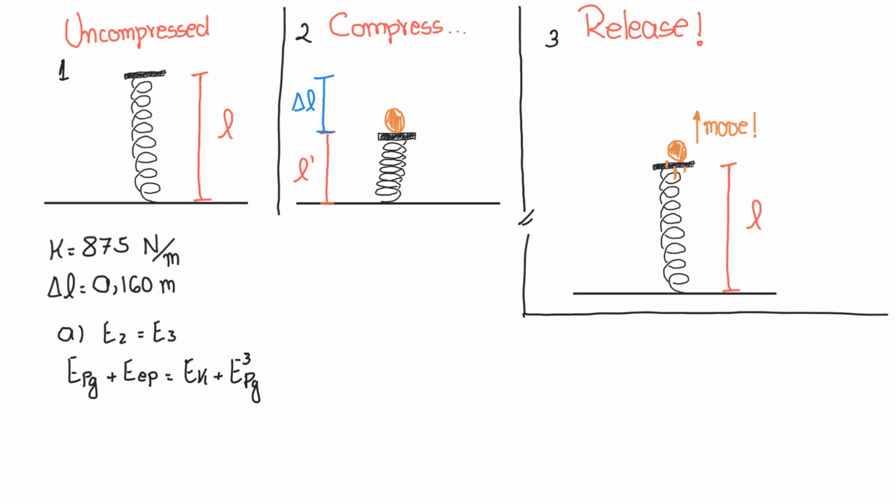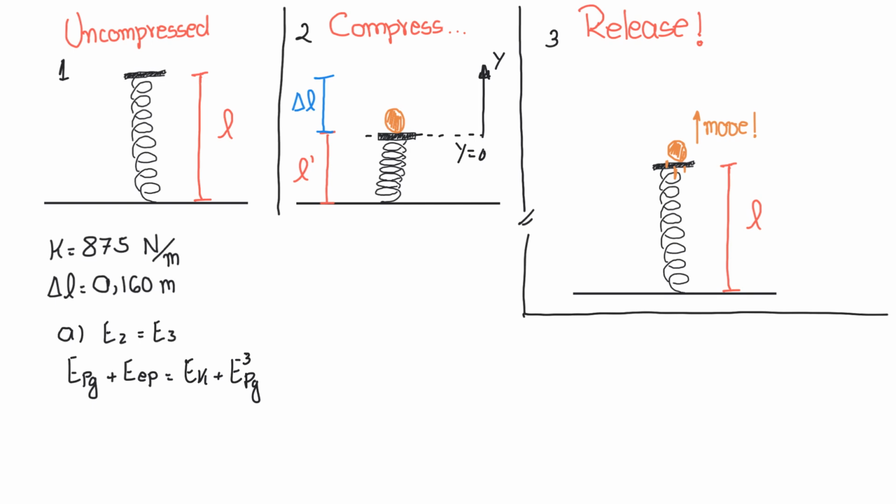Now, in order to calculate these values, we have to choose a reference frame for our situation. I will choose that this height represents y equals 0 and that my y-axis points upwards. Now we are able to write expressions for those energies.